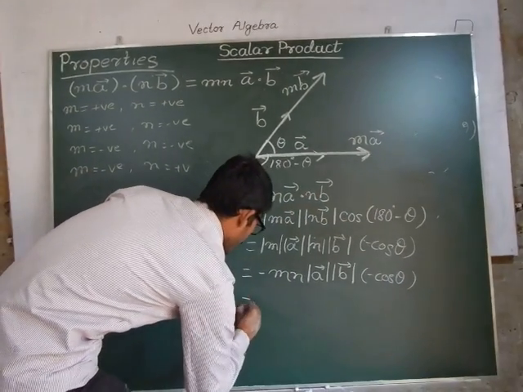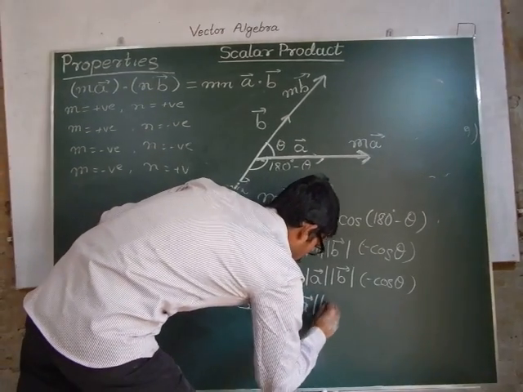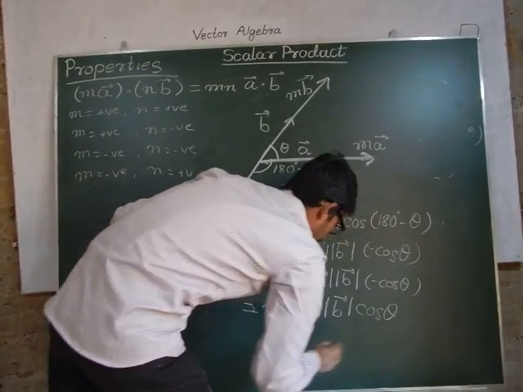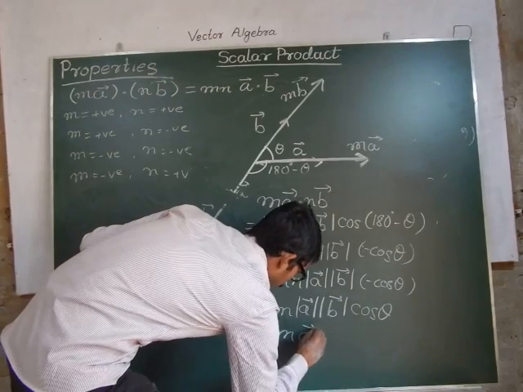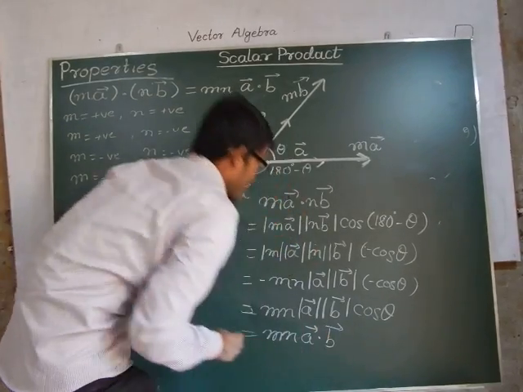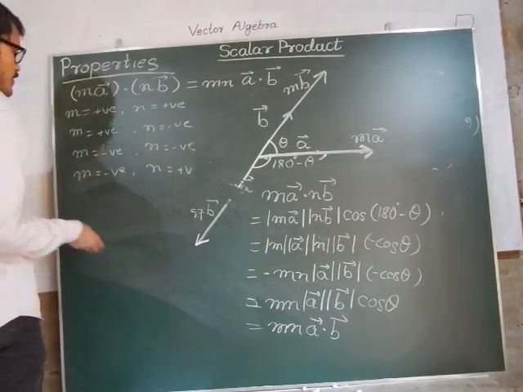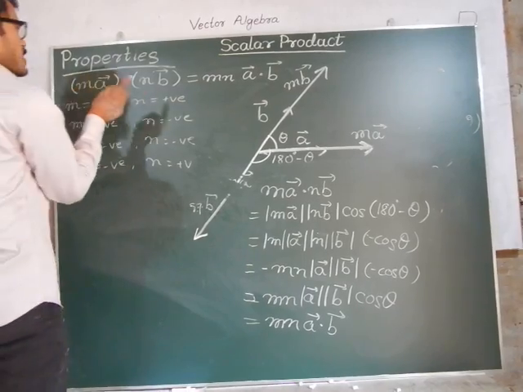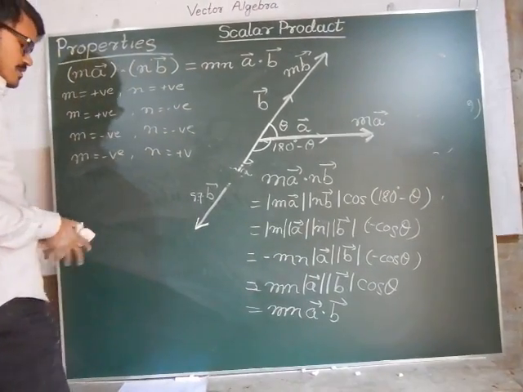Minus times minus gives plus mn, magnitude of A into magnitude of B into cos theta. Means mn A dot B. And in a similar way we can also prove the other two cases. Means simply ma dot nb is equal to mn A dot B.